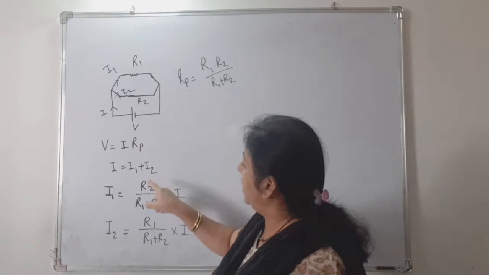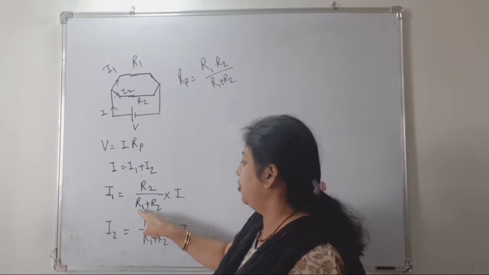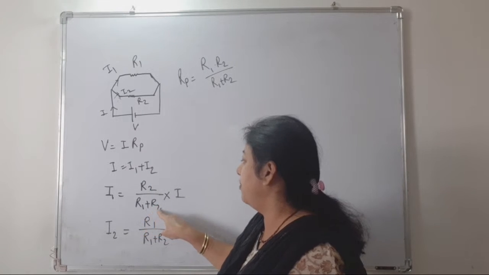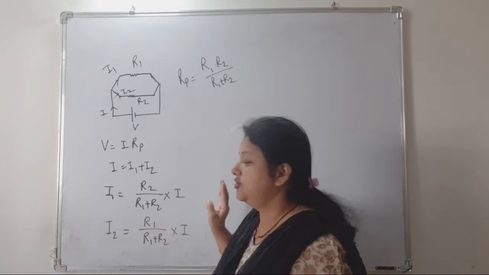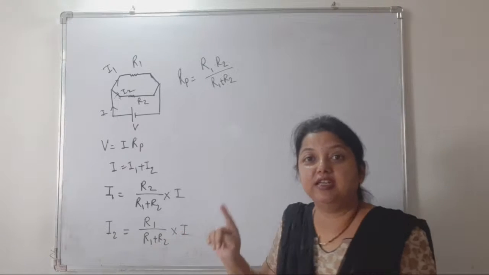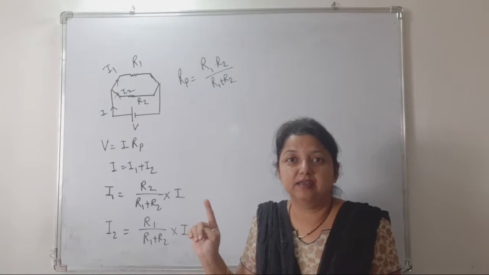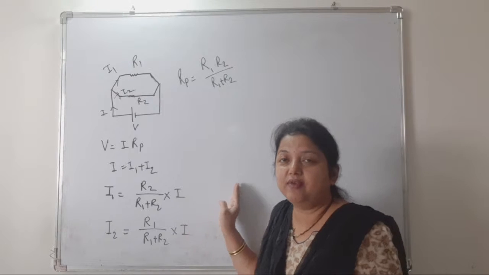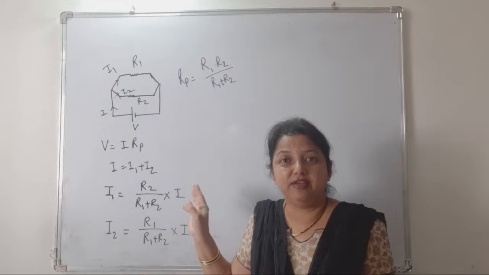In the denominator, it is R1 plus the parallel combination of R2 and R3, and I as it is. This is the formula for current division. In our last lecture we already found that. So I just revised the formula for current division for these resistances.